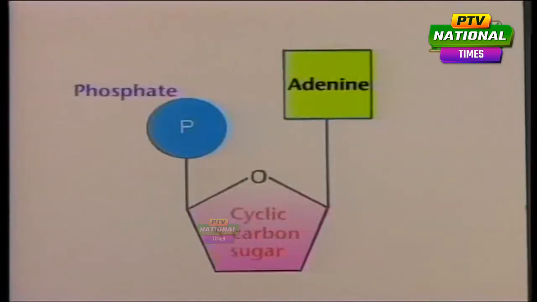Now, as there are four kinds of nitrogen bases, there are also four types of nucleotides. Each nucleotide is named upon its base. These nucleotides are linked to form a polynucleotide chain.